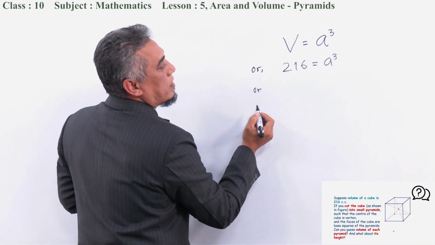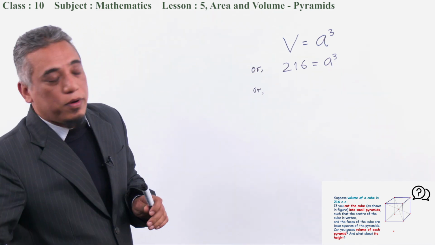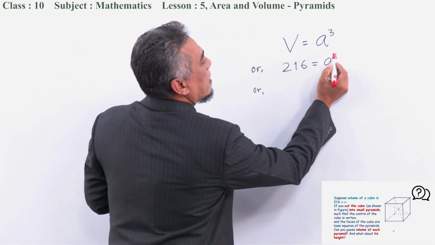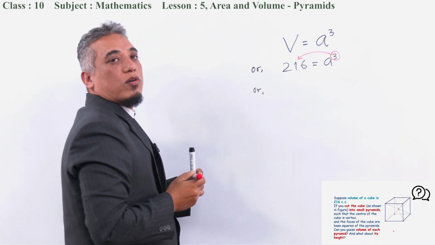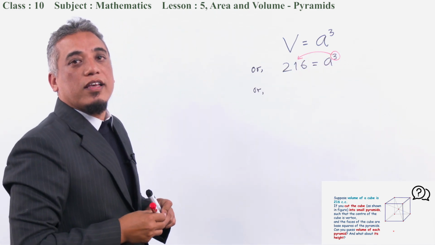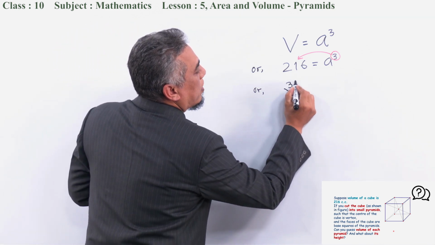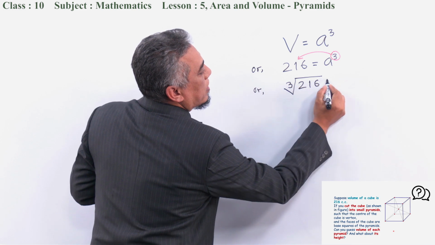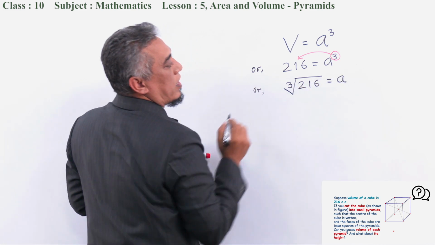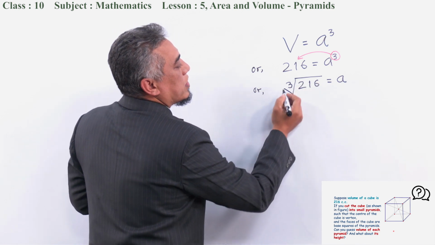Now, take the cube to the other side. When you do that, what will happen? Yes, it will now be the cube root of 216 equals A. And after that, you have to solve this.